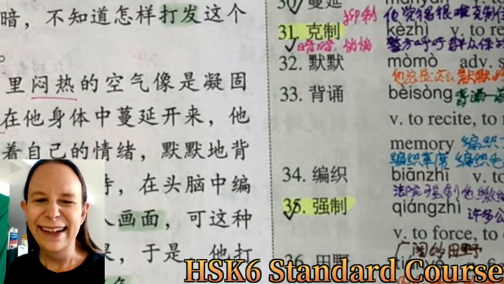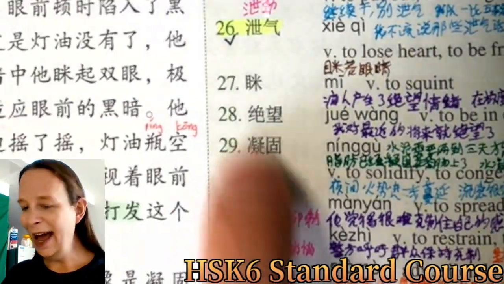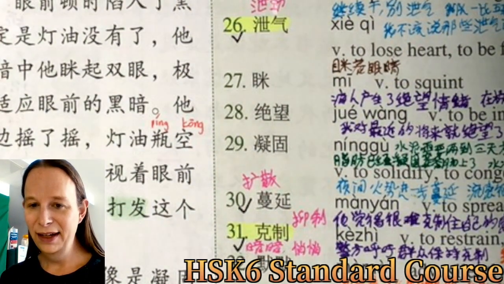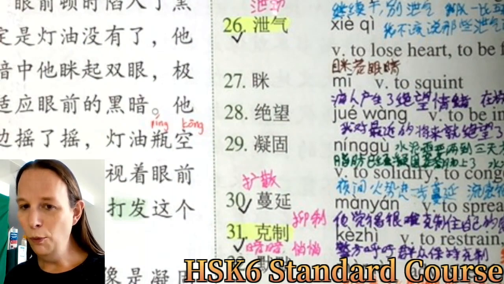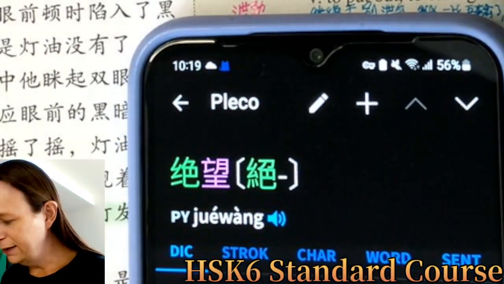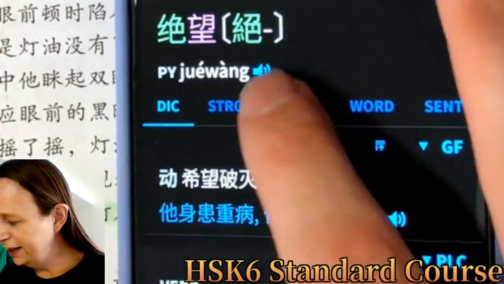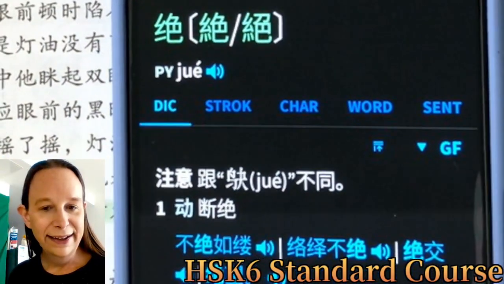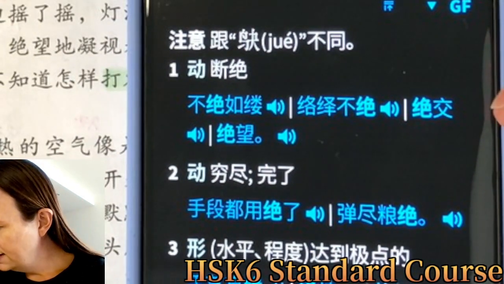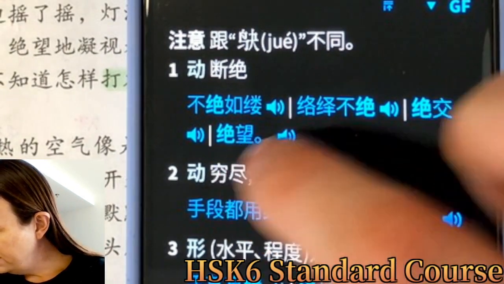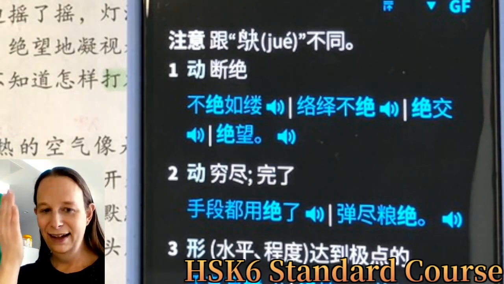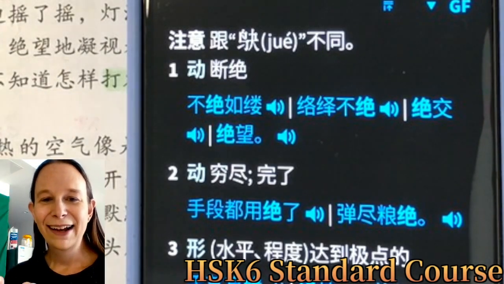Yeah, so you get the idea, right? 绝 is like absolute. No, here it doesn't mean absolute. 绝望 is 希望, right? The 望 is 希望. What does the 绝 mean? 绝, not sure. Where is 绝望? There's 断绝, like cut away or what's the word?